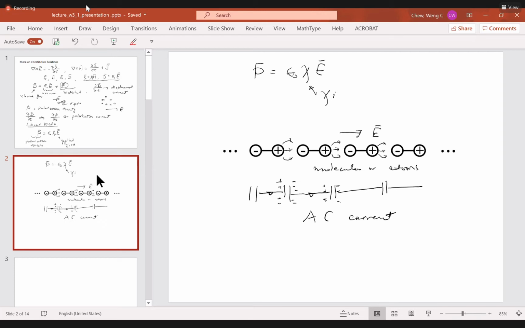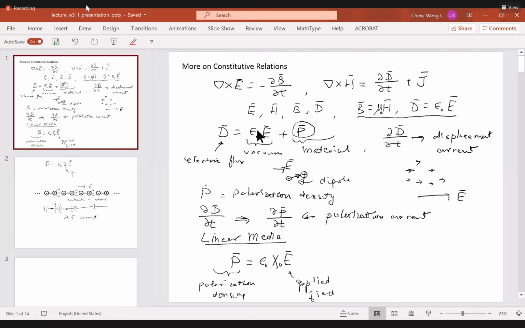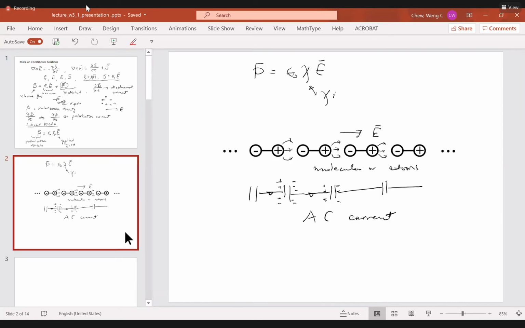And the displacement current is given by something that looks like this. This P will contribute to more displacement current. One thing to notice is that we're going to study this relationship mainly in the frequency domain. In the frequency domain, this will be a function of frequency.